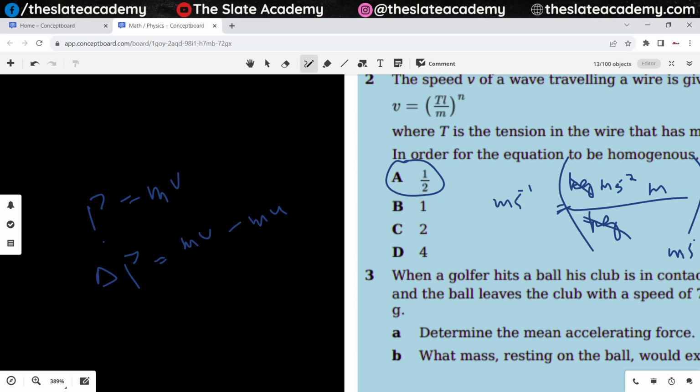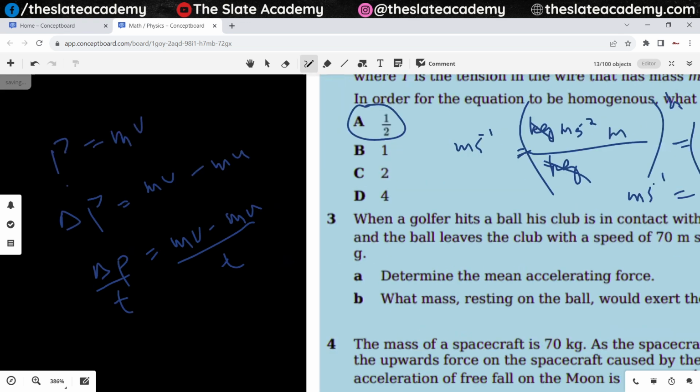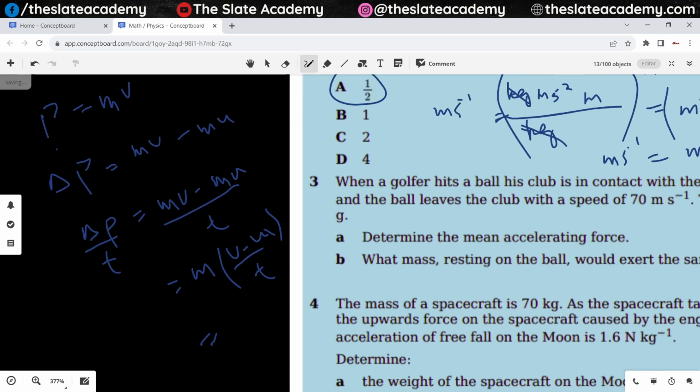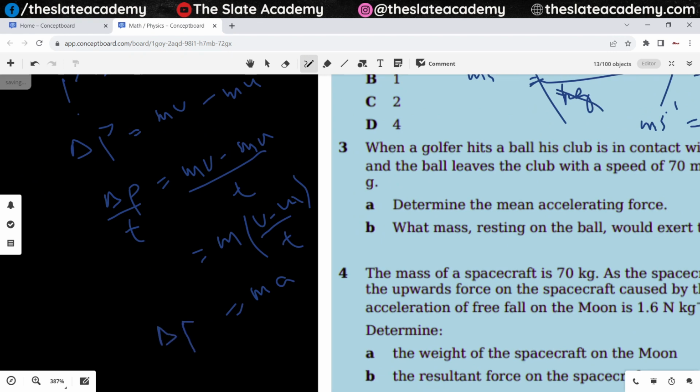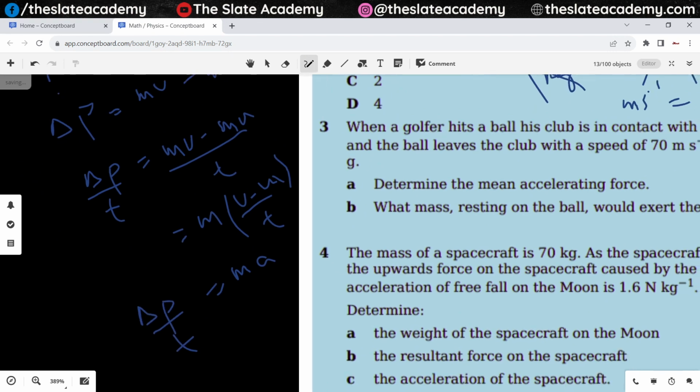Fine. अब मैं अगर ये कहूँ कि आई वॉन्ट टू कैलकुलेट रेट ऑफ चेंज इन मोमेंटम, सो आई से Δp/t = (mv − mu)/t. ठीक है, तो राइट हैंड साइड कैन बी फर्दर सॉल्व्ड, m times (v minus u), and I can write t over here, so this is m a. So this rate of change in momentum is force.